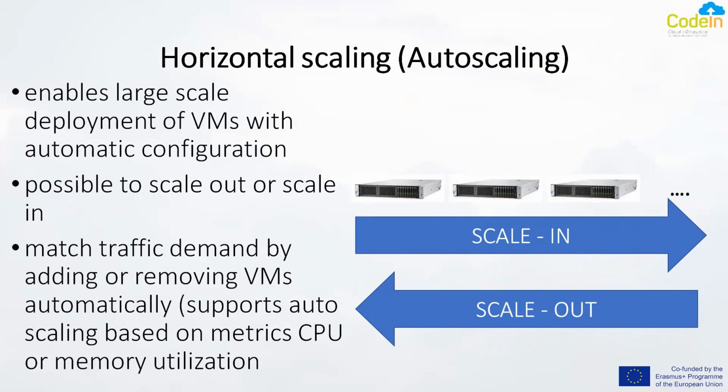There is scale-out, where you go from one VM to many VMs, or scale-in, where you go back from many to one VM. Why is this so popular and powerful? It is so powerful because it gives you that scaling capability, but it also gives you that high availability. In this case, if one virtual machine fails, others can keep working.